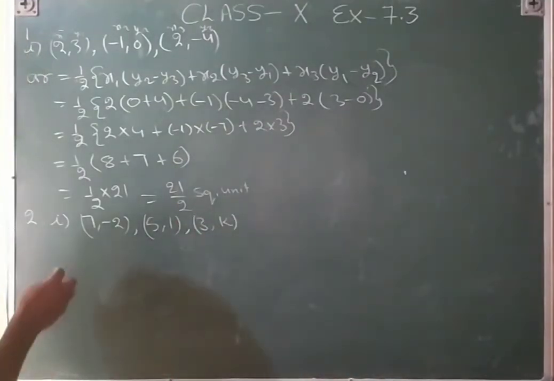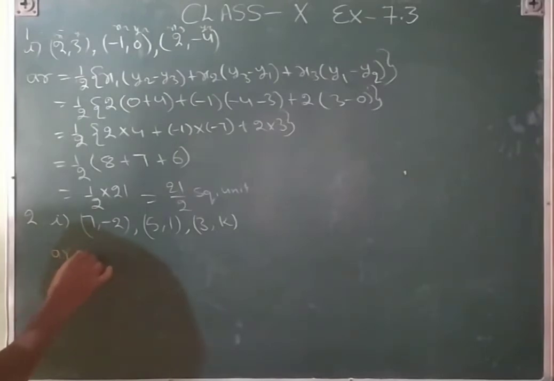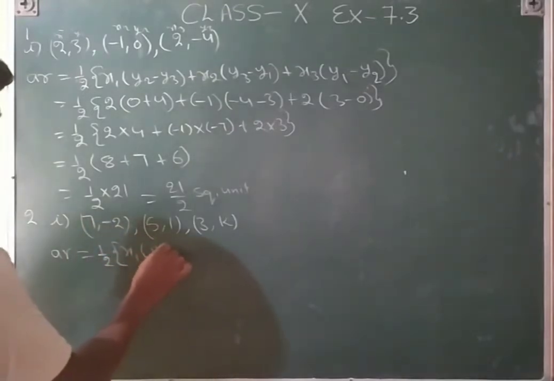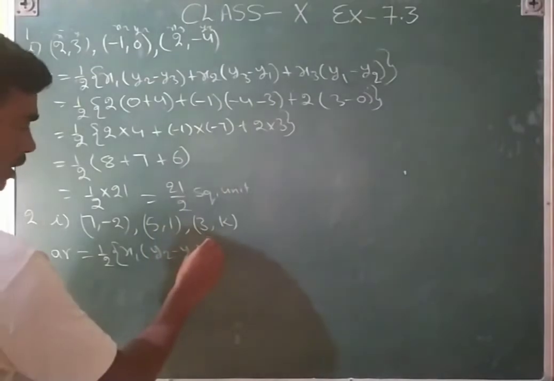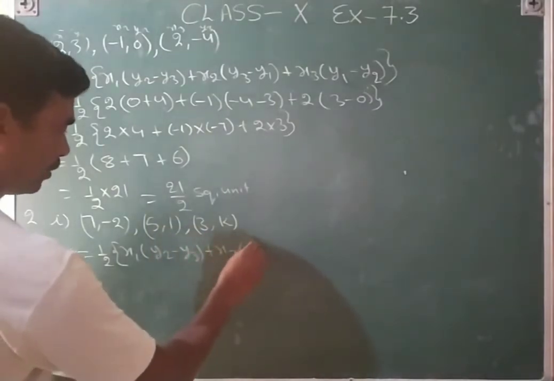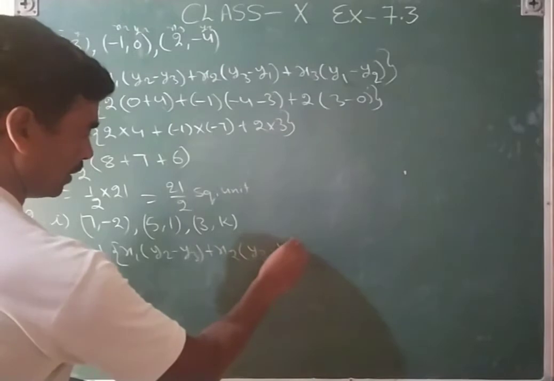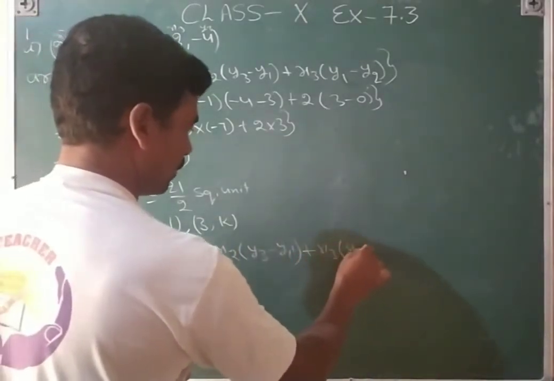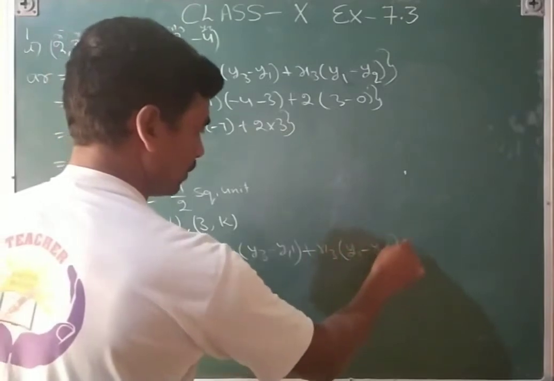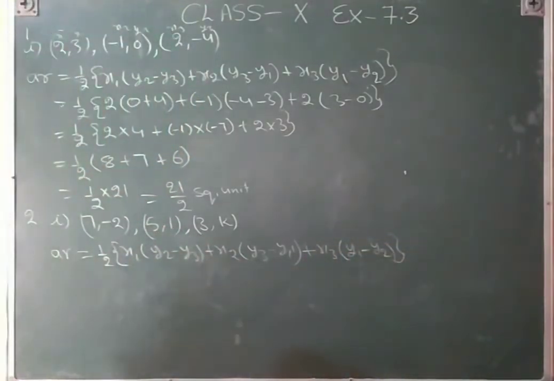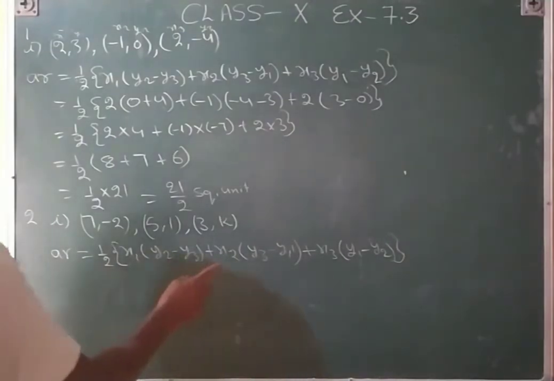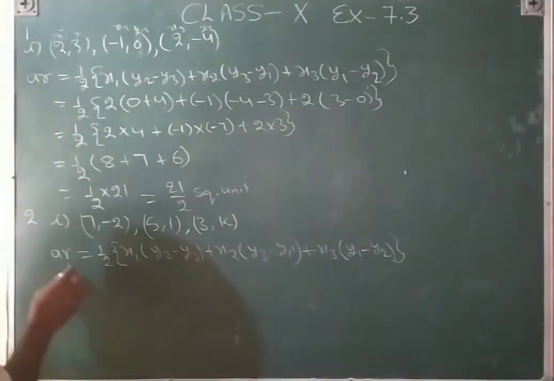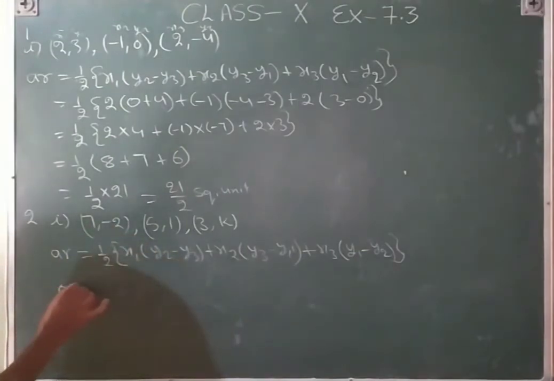So the area is equal to 1/2 {x1(y2 - y3) + x2(y3 - y1) + x3(y1 - y2)}. In the series you can write this formula as 1 2 3, 2 3 1, 3 1 2, and collinear means the area is equal to 0.